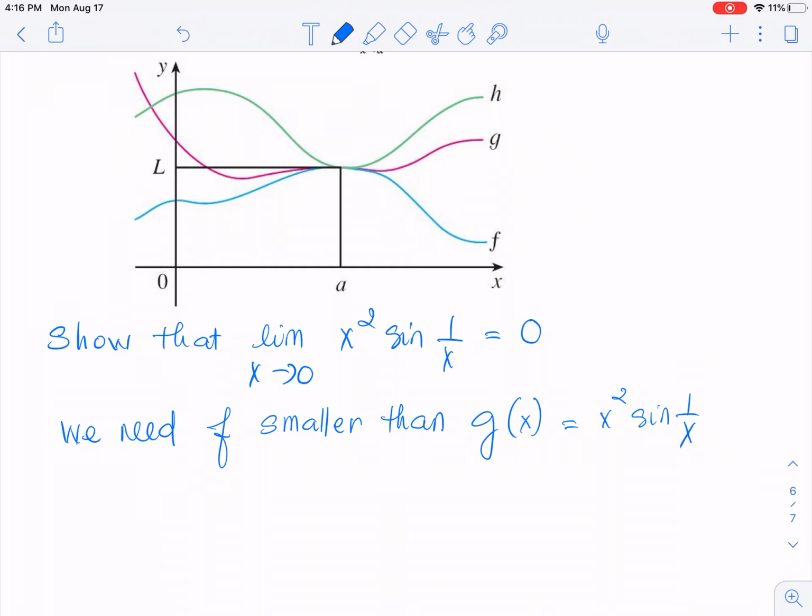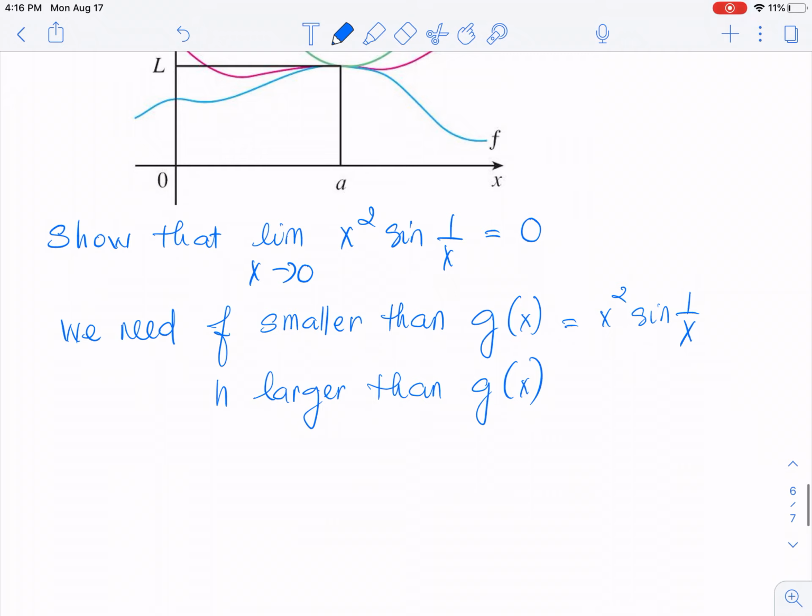And we want a function h larger than g of x. Okay, so we can squeeze g right in the middle.